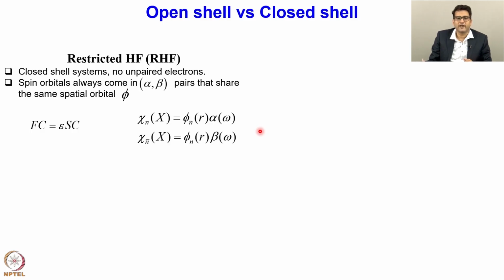The consequence is that these C's are the combination coefficients for the basis functions. If I can get the C, I know the basis functions, so I can get the spatial part of the wave function, that is phi n, and in this case for alpha and beta spin orbitals my spatial part is the same.